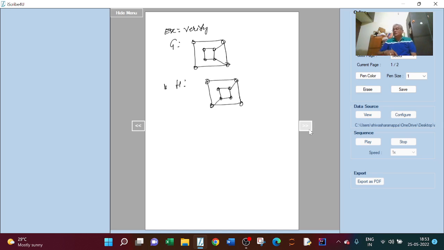We can label here U1, U2, U3, U4, U5, U6, U7, U8, and here V1, V2, V3, V4, V5, V6, V7, V8. We have to verify whether these two are isomorphic.